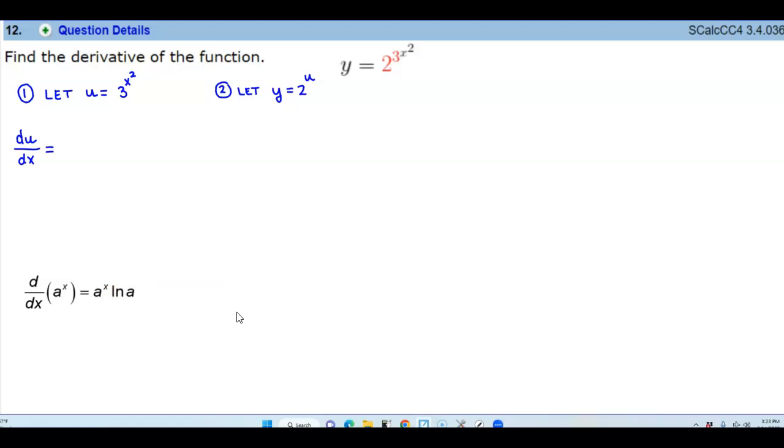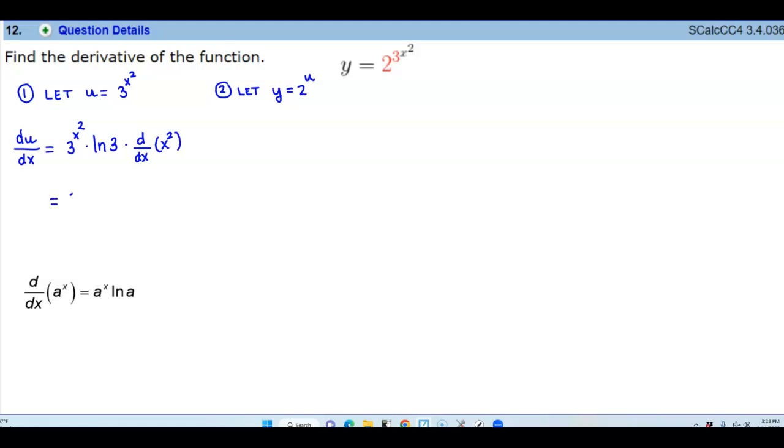So a to the x is the same thing as 3 to the x squared times the natural log of the value of a, which is 3. Then we need to take the derivative with respect to x of x squared.